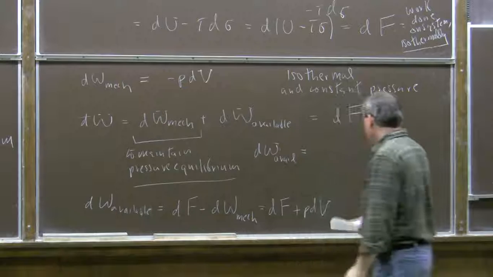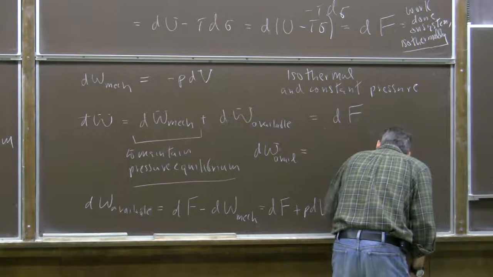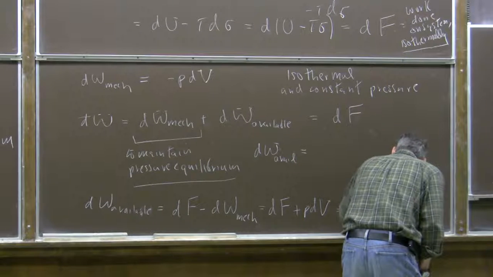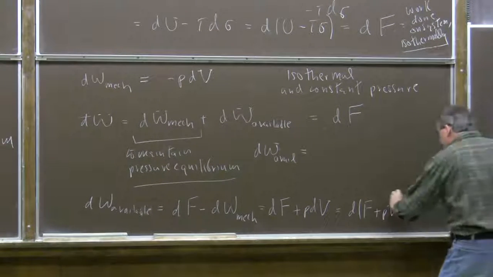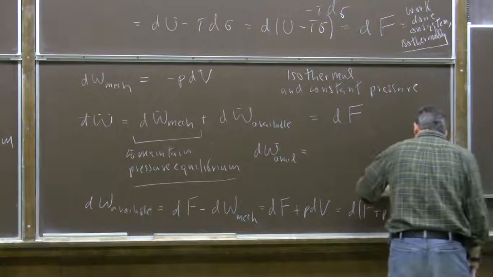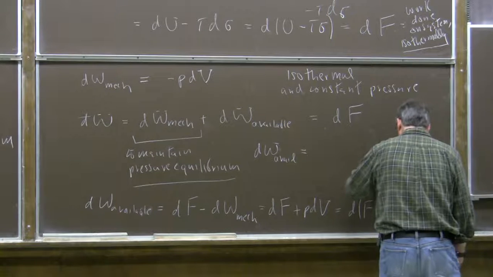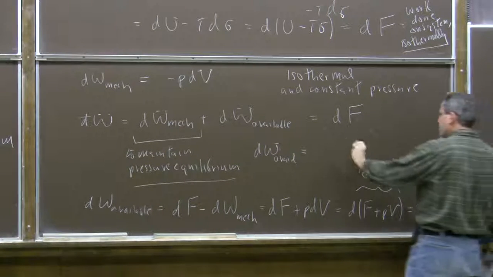And if I'm considering a constant pressure process, I can call that the change in F plus PV. And this is the quantity I'm going to call G, which is the Gibbs free energy.